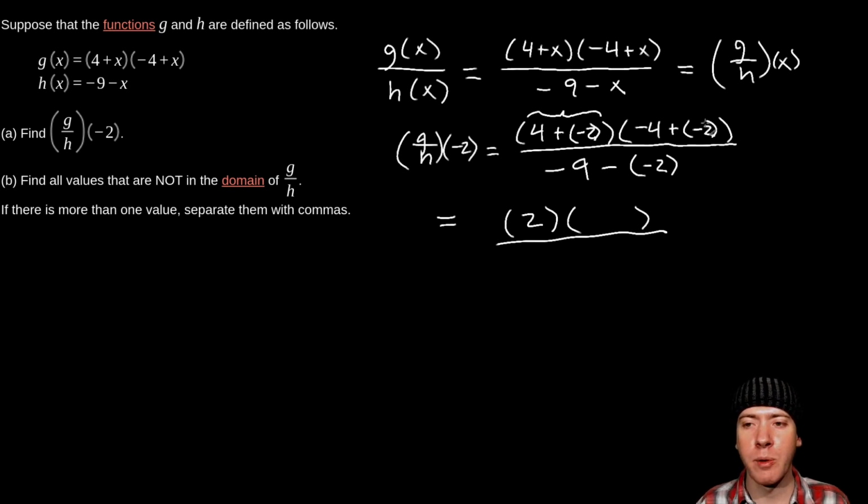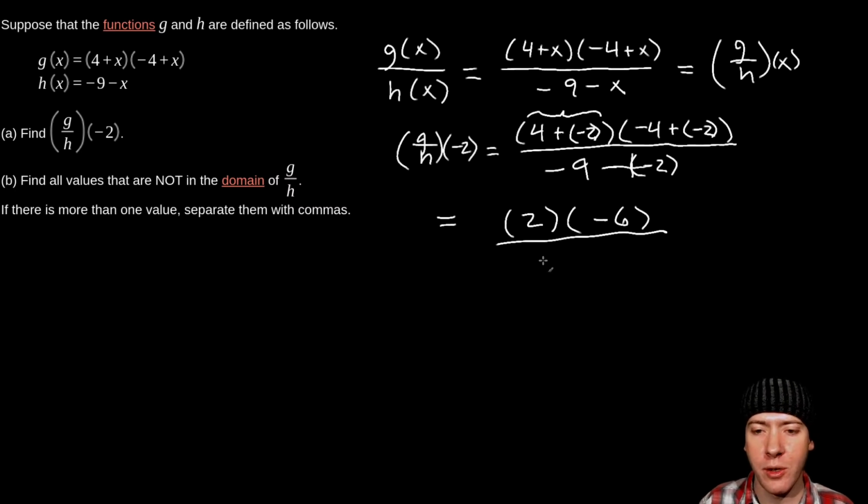This is negative 4 plus negative 2. That's negative 6, right? Now on the bottom, I'm just going to take one step at a time here. I'm going to write this as negative 9 plus 2, right? Like these two negative signs and that parenthesis kind of make a plus sign. Okay, so on the bottom we have negative 9 plus 2.